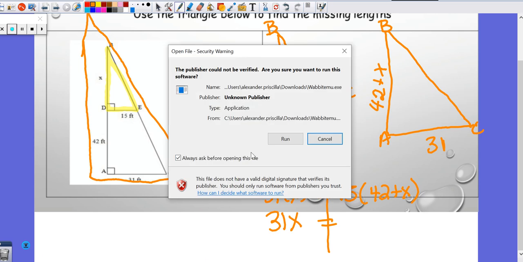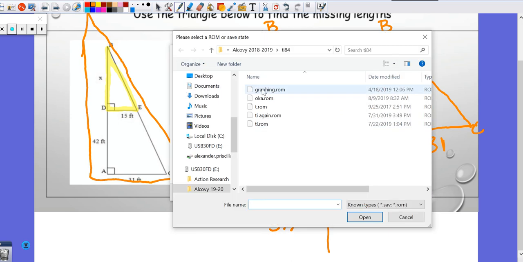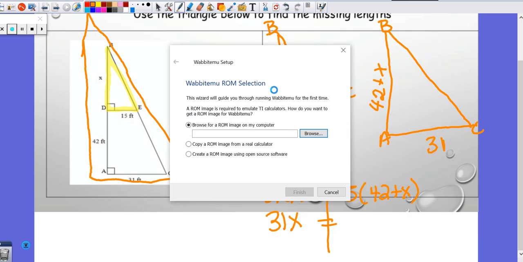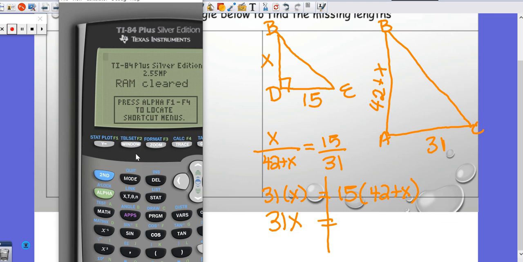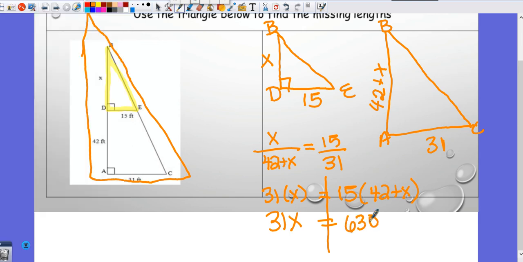You can try mental math if you want to on this problem, but you can grab a calculator too. I'm going to use the calculator for this one. So 15 times 42 equals 630. So you get 630 plus 15x.